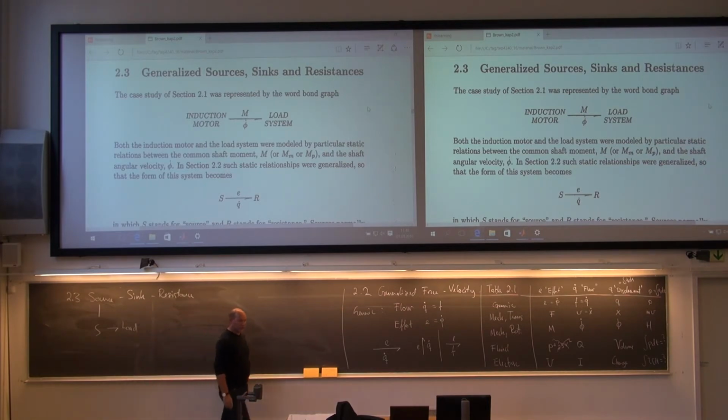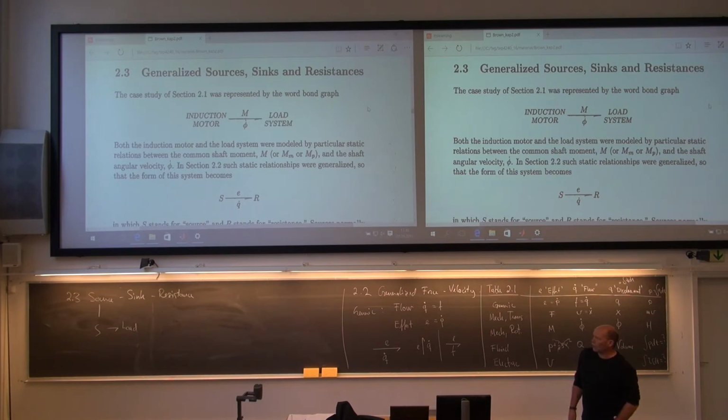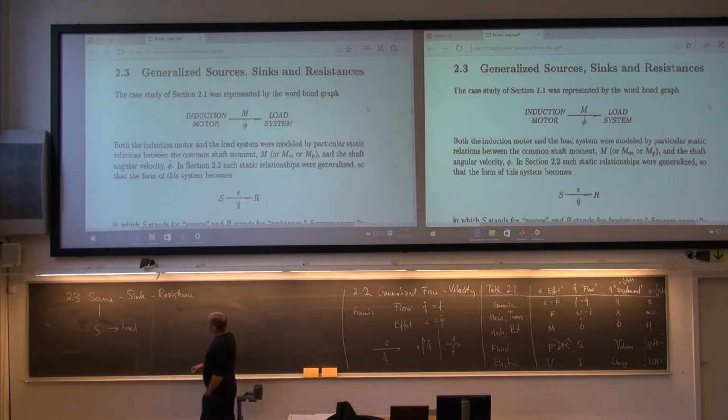Load, you could say, is a source with a negative sign, meaning a sink. That could be one way to do it, but no, we are not going to do that. We are going to call him resistance. So instead of load, we say resistance. And resistance, that is large R.